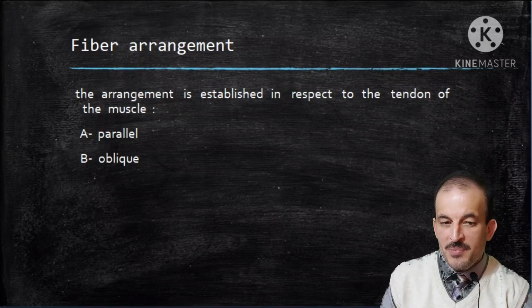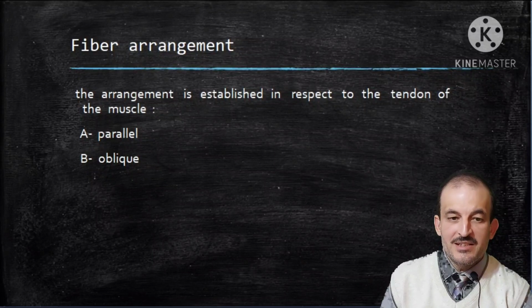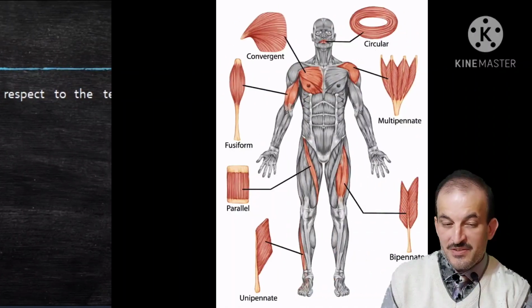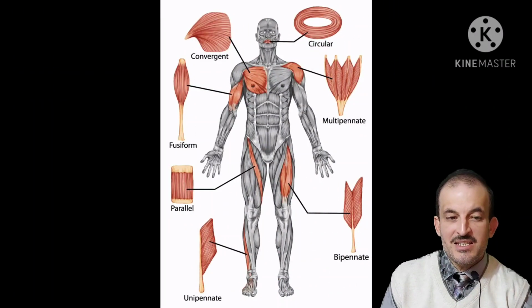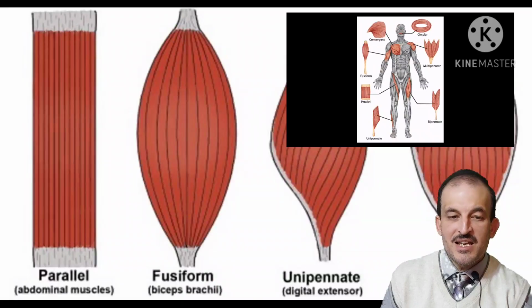We have two types, parallel and oblique. Such classification is seen in this slide: convergent, fusiform, parallel, unipinnate, bipinnate, multipinnate, and circular.